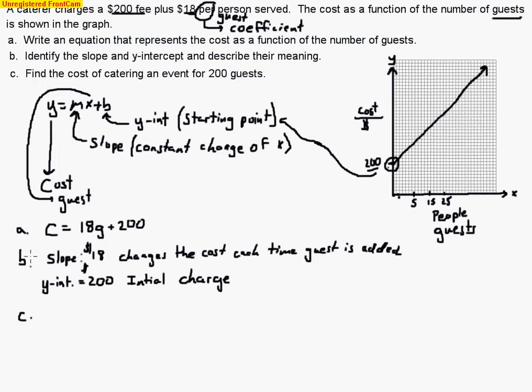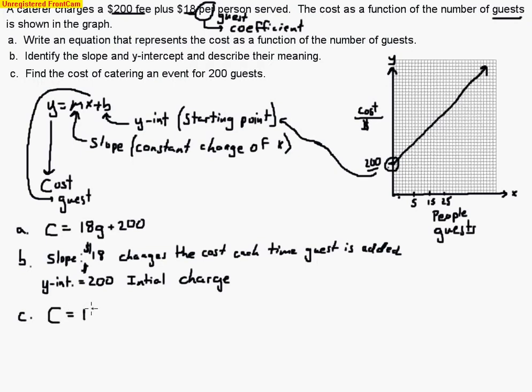And then letter C says find the cost of catering an event for 200 people. Typically, you go to your graph, go over to 200 people, and go up and see what that cost is, but we can't really do that on this because we don't have enough space. So this is where the equation comes in. We go ahead and use that equation. C represents the cost. That's what we're going to try finding. And then we go ahead and substitute the numbers in.